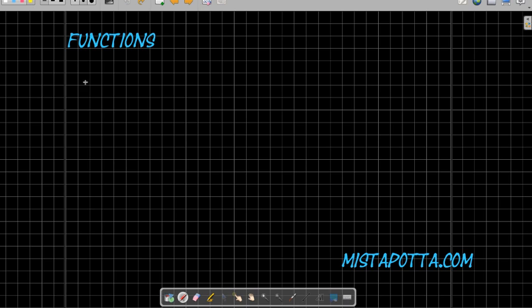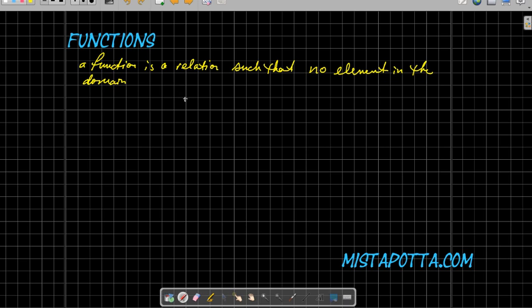So what's important for us to understand here is that a function is a relation such that no element in the domain maps to more than one element in the range.